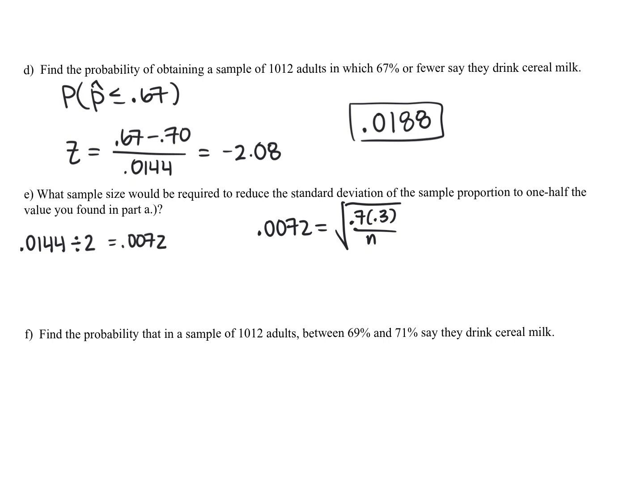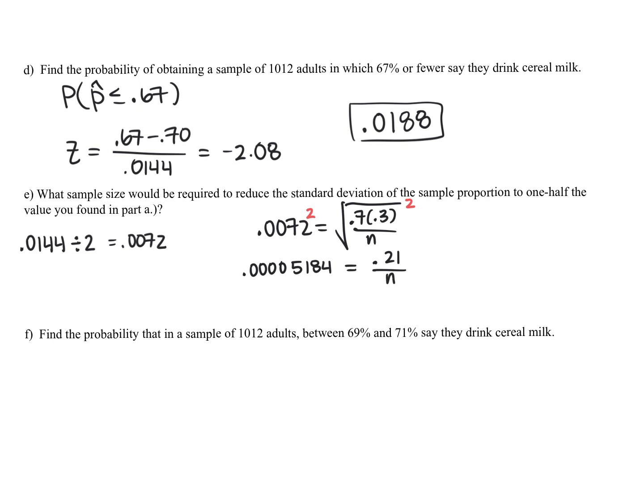Our variable n is currently underneath a square root, so we're going to get rid of it by squaring both sides. 0.0072 squared is going to be 0.00005184. And then we're going to get 0.7 times 0.3 is 0.21 over n.